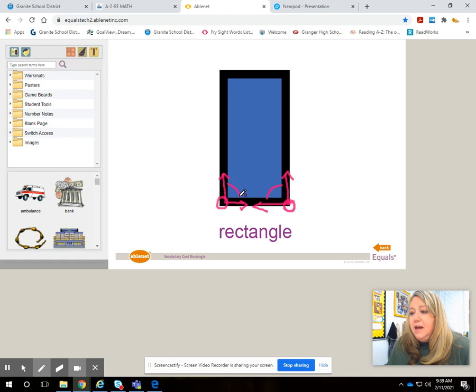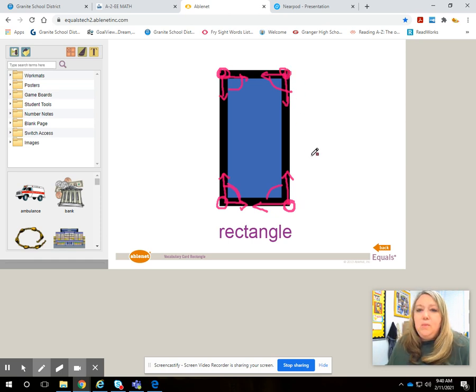Here's our angle. Then we look up at the top. We have another angle right here. Two lines that are joined at a vertex, and then we have an angle right there. And then we have one more angle right here. So here's our angle, and we have our vertex right here.